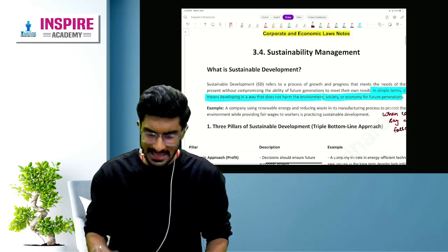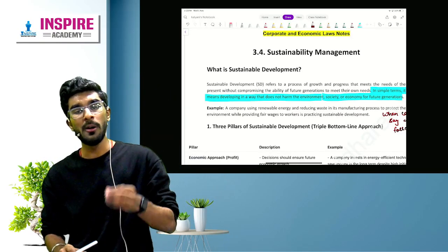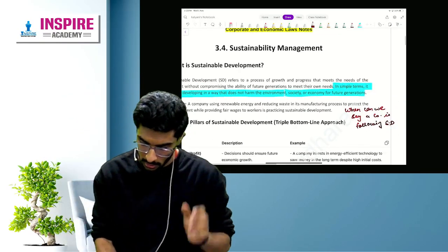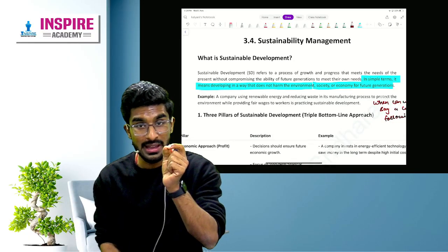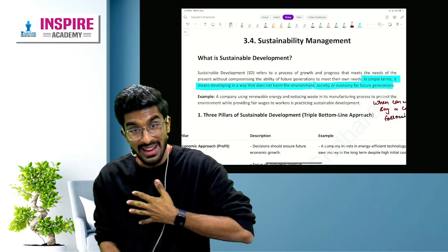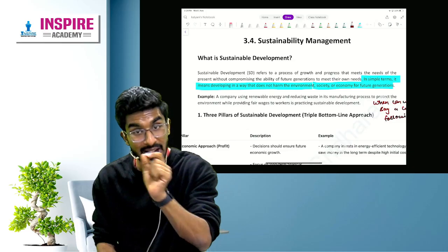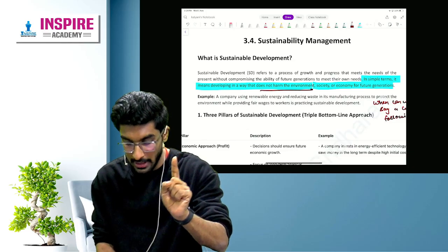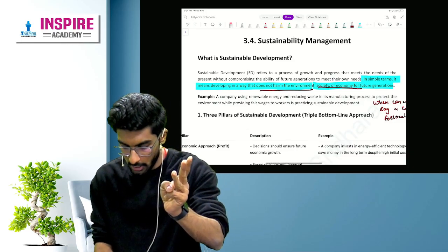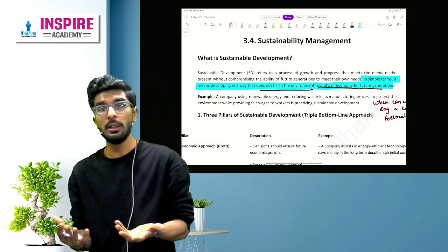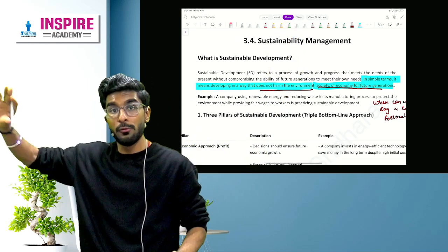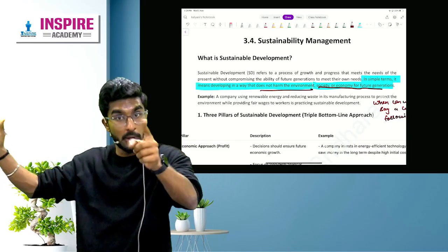Simple, people, simple. Sustainability management. What is the meaning of sustainability management? We already know it is a means of developing in such a manner that does not harm the environment, society or economy for future generations. That means you have to conduct yourself in such a way that future generations should not have any problem because of you.